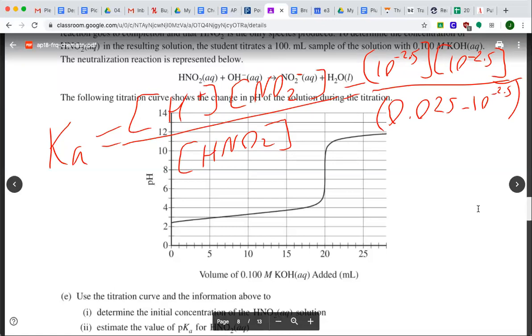So we start out with 10 to the power of negative 2.5. And then what we're going to do is square that thing.